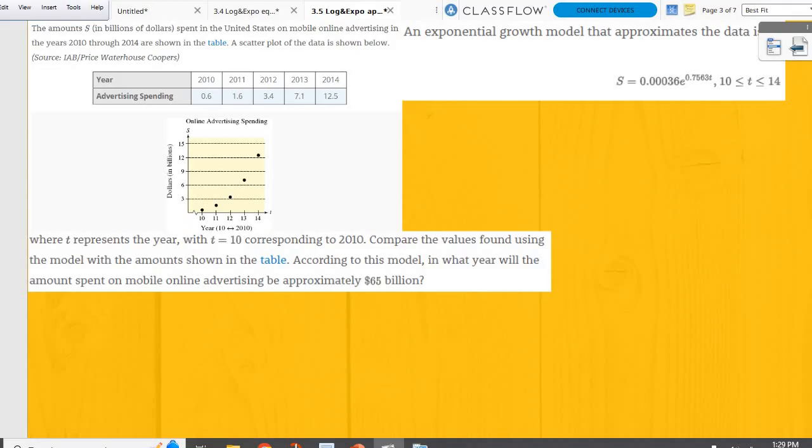It says t represents the year, with t equal 10 corresponding to 2010. Compare the values found using the model with the amount shown in the table, and then according to this model, in what year will the amount spent on mobile online advertising be approximately $65 billion?